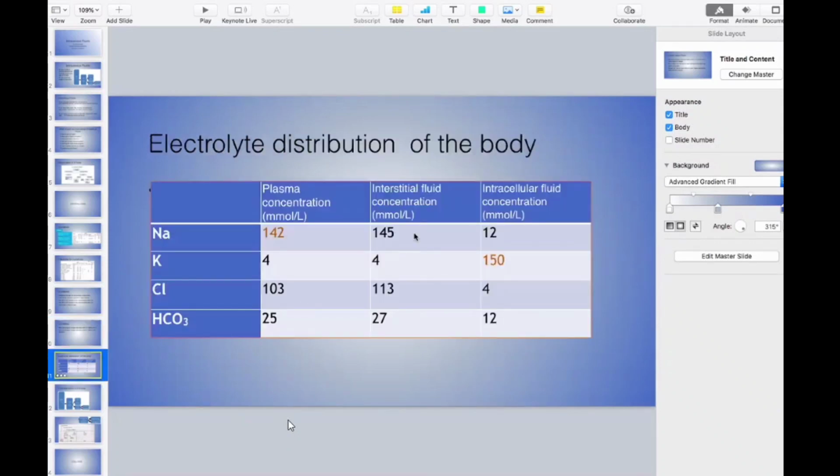If you look at this table, you can see how these cations and anions are distributed. Sodium is the most abundant extracellular cation.